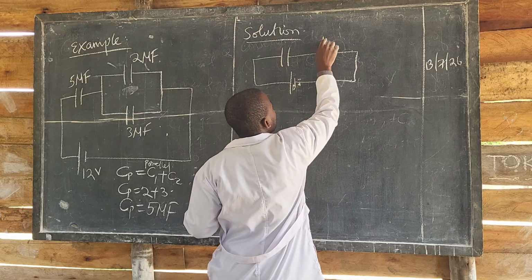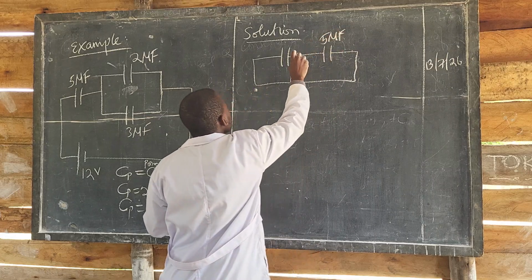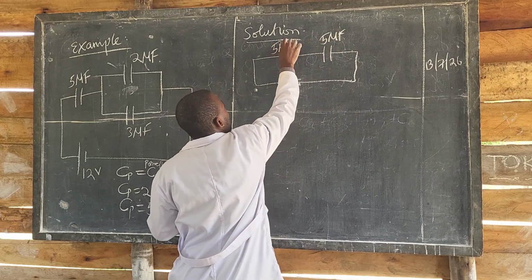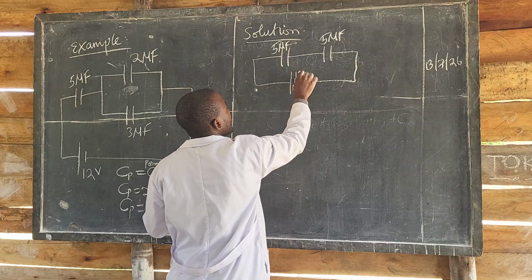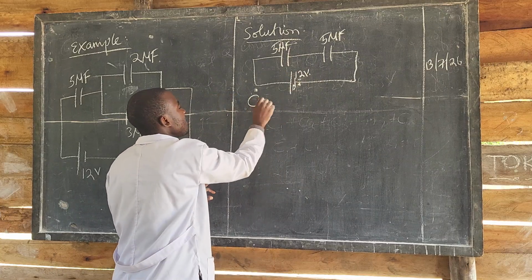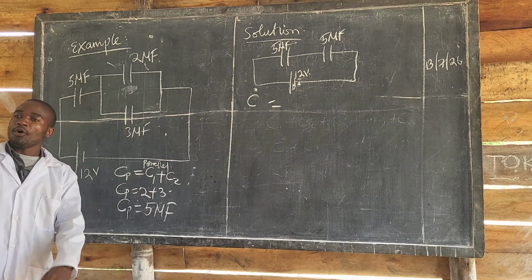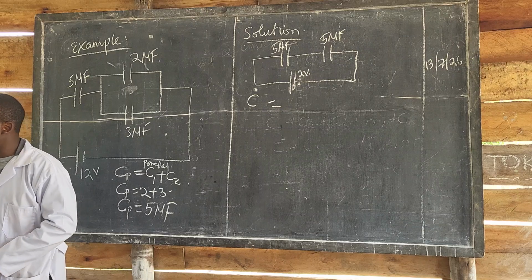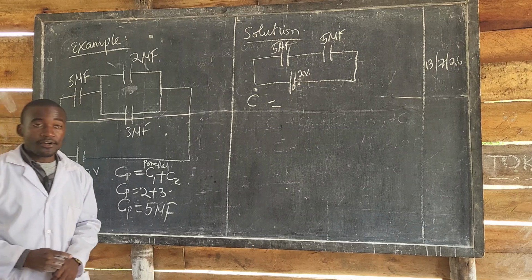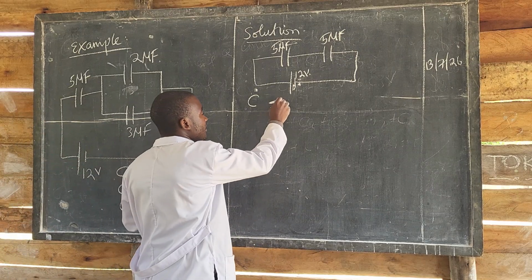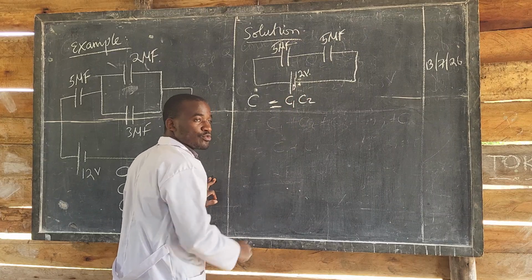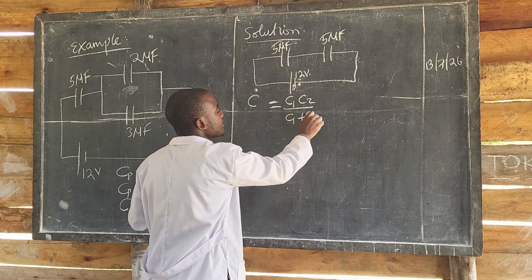This one is 5 microfarad, this one is 5 microfarad, and this is 12 volt. So what will be the effective capacitance of two capacitors in series? It is C1 C2 over C1 plus C2.